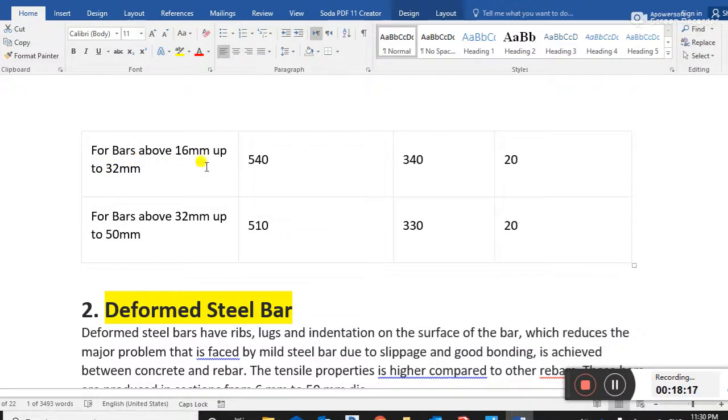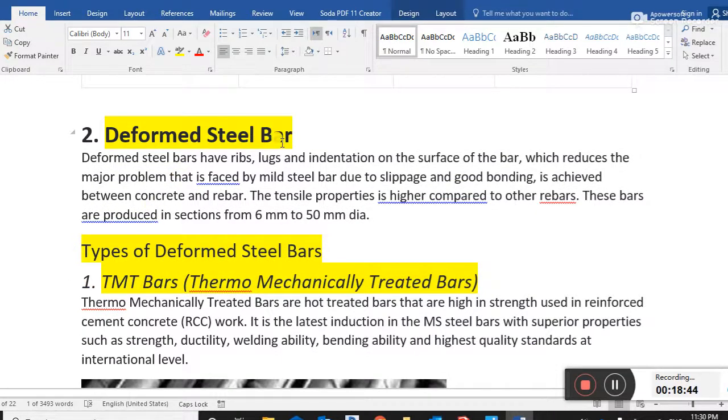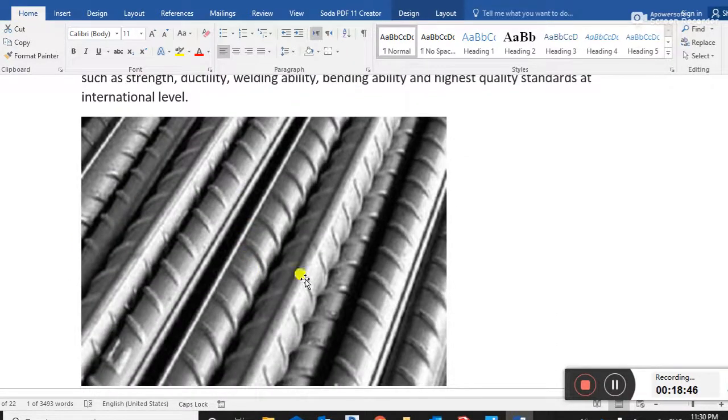Guys, for the bars above 16 millimeter to 32 millimeter, the ultimate tensile stress is 540, the yield stress is 340 and percentage of elongation 20%. For bars above 32 to 50, the ultimate tensile stress is 510, yield stress is 330 and elongation percentage is 20%.